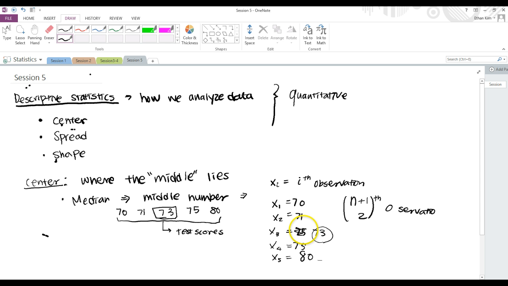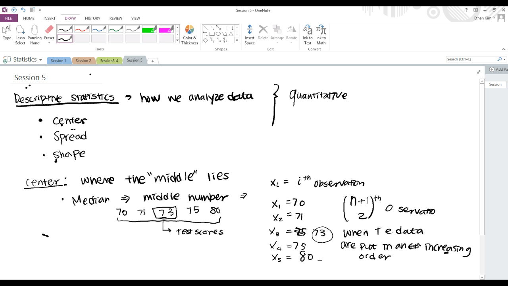And this is only when the data are put in increasing order, right? That makes sense.